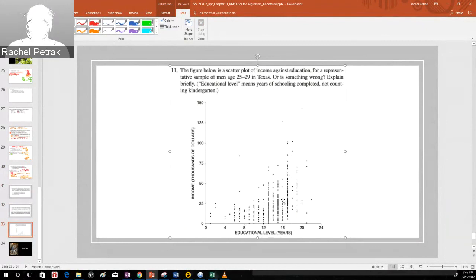Based on this, it seems like a year was mistakenly added to the years of education, because we would expect concentrations of data at educational levels generally associated with standard levels.